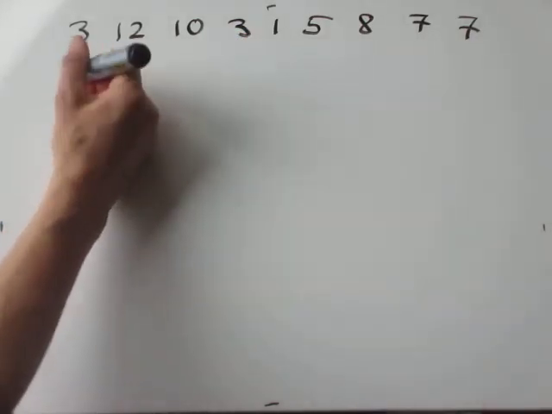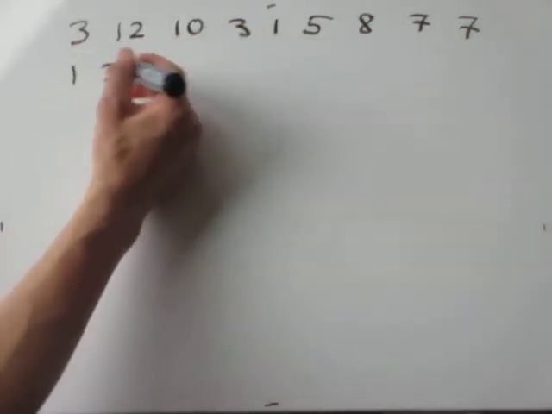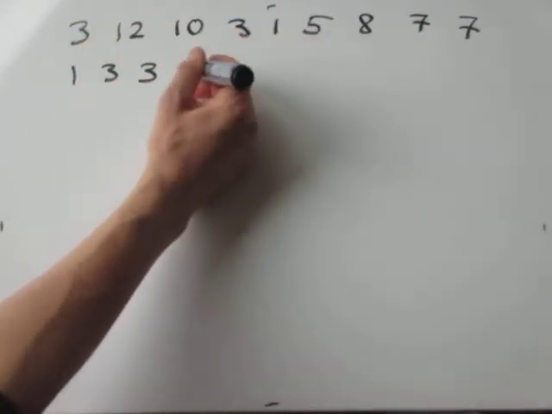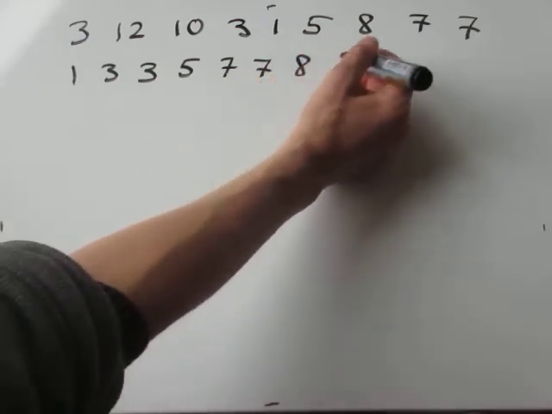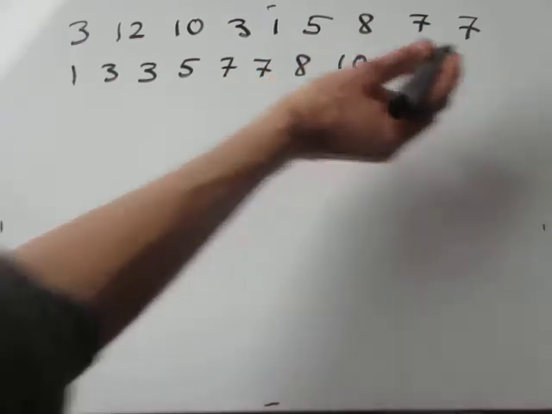So we have 1, then comes 3, 3, 5, 7, 7, 8, 10, 12.